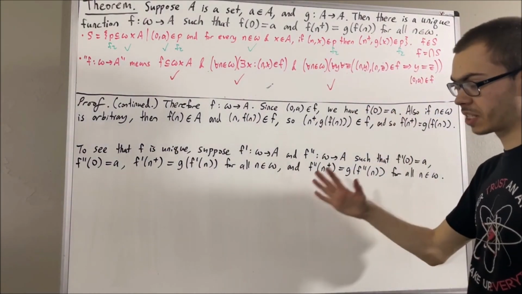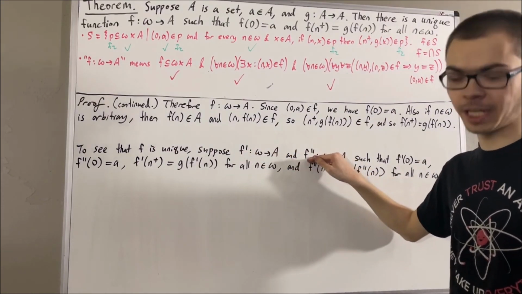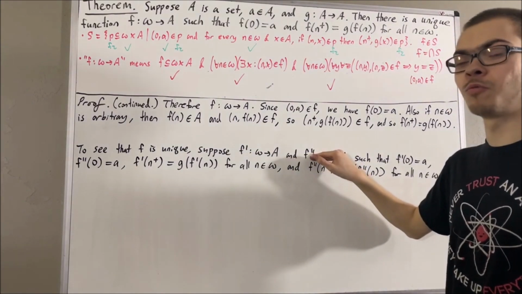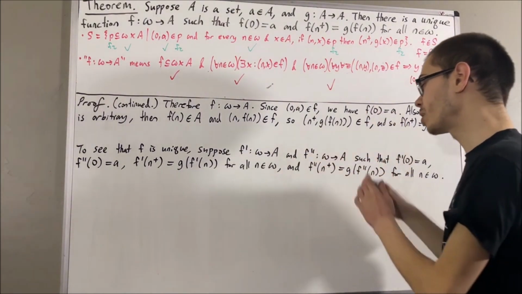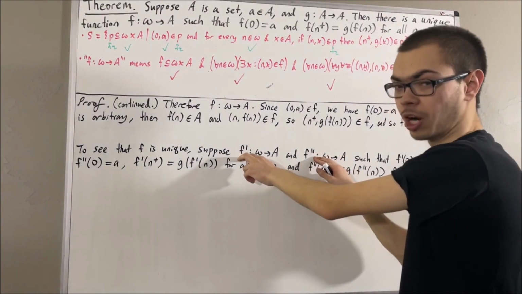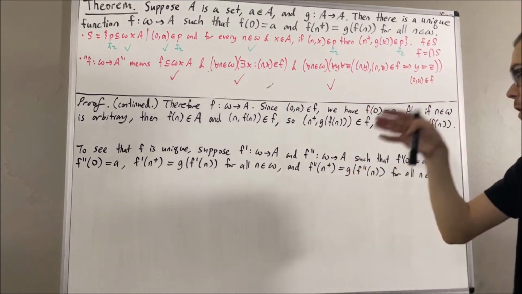To prove uniqueness, we want to show that the functions f prime and f prime prime are equal. And to prove that these two functions are equal, what we can do is show for all natural numbers n, f prime of n is equal to f prime prime of n. To prove that, we consider the following set.